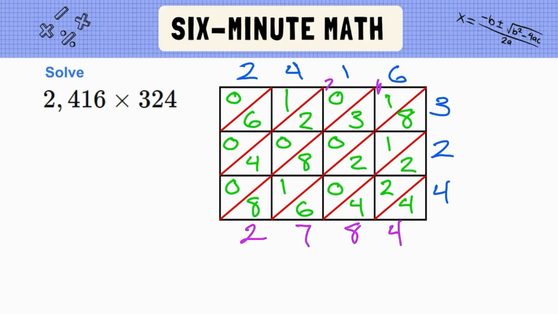So we drop our 2, carry a 2. 0 plus 4 plus 0 plus 2 plus 0 plus 2 is 8. 0 plus 6 plus 1 is 7. And I have that 0 in the top left. That doesn't equate to a digit. So we have a final answer here of 782,784.